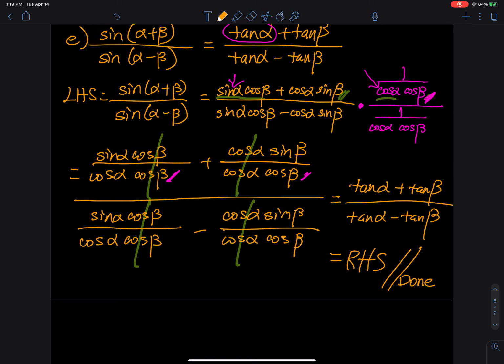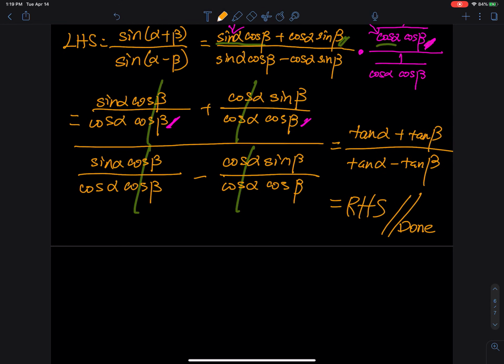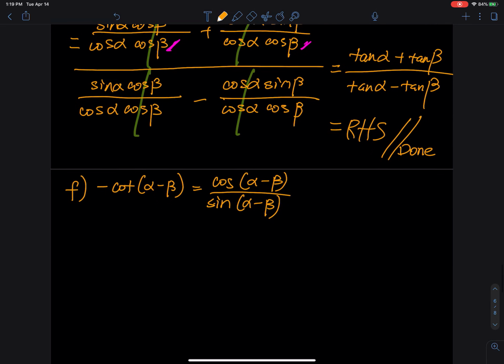Moving on to the last one. The last one you have to do something similar. So part F, you have negative cotangent alpha minus beta equals cosine alpha minus beta divided by sine of alpha minus beta. We have the right hand side.